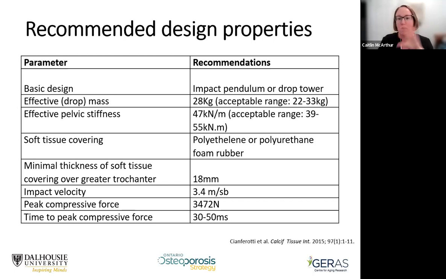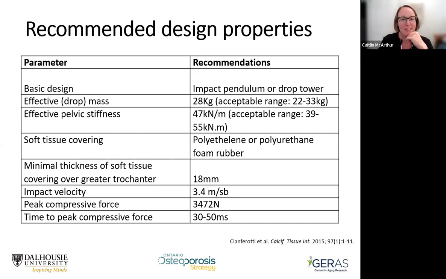The overall objective of a hip protector is to reduce the peak axial compressive force that is applied to the femoral neck when you fall. So basically, trying to decrease the amount of compression that goes through our hip when we fall onto it, generally speaking, sideways. The specifications are listed here for you.